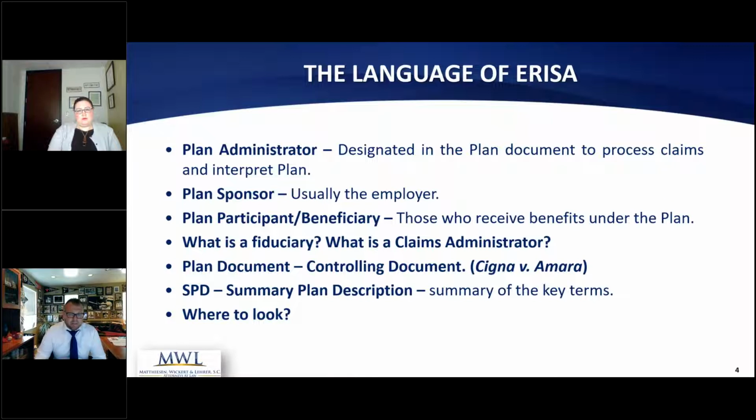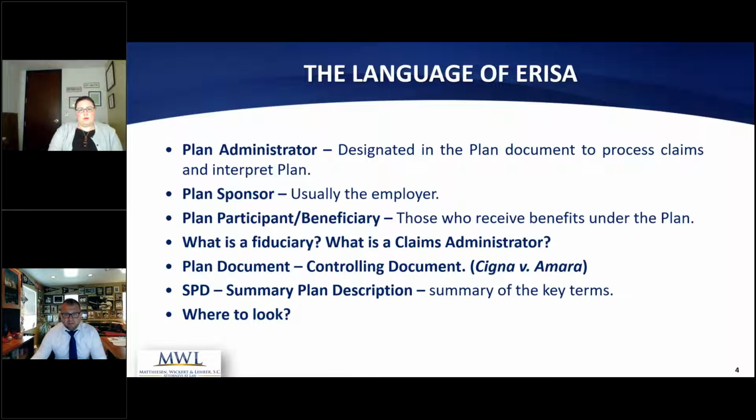The plan document can be written in legalese and difficult to understand for the ordinary participant who might be reading through it. But it's important because Section 402 of ERISA requires that benefits must be established and maintained according to a written instrument. And so there are several requirements that must be in a plan document.